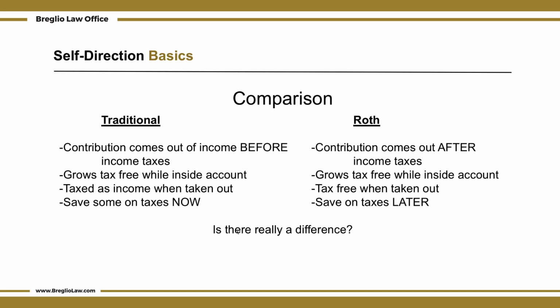Because in a traditional account, you're not paying taxes now, so you have more money to put in. Whereas if you put into a Roth, you have to pay taxes now, which leaves you less money to put into the account. Then you've got less to start off with, and so after 10, 20, 30 years, it doesn't grow as big because you didn't start off with as much money in it.